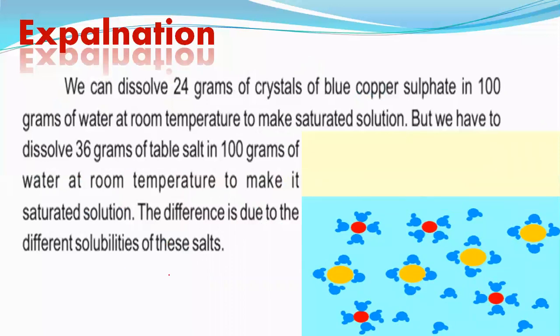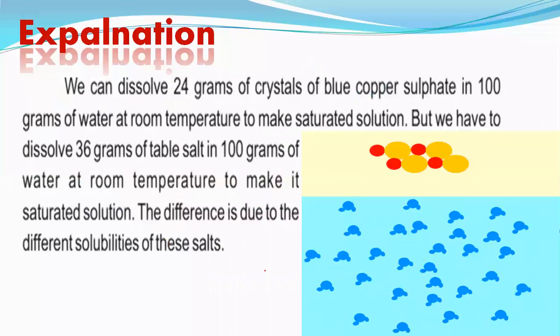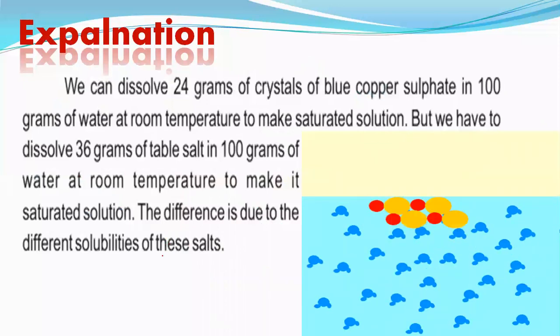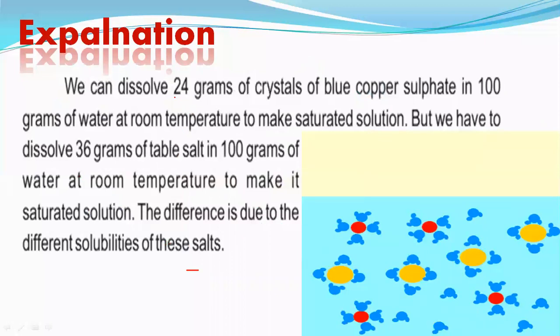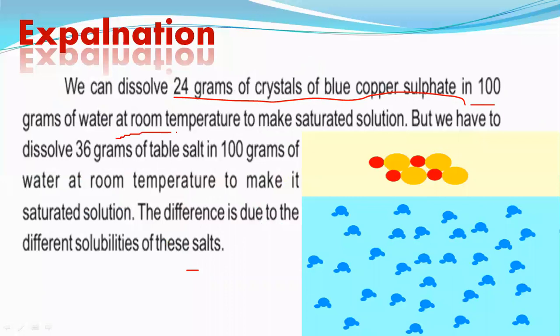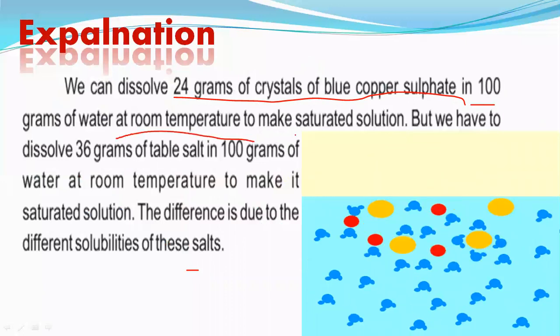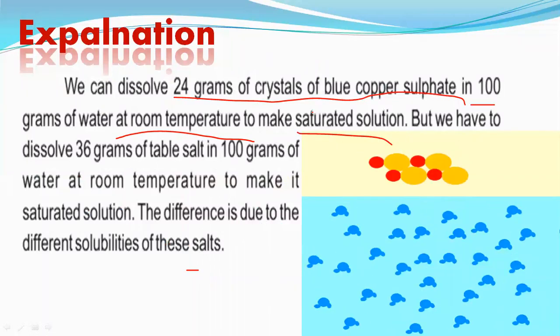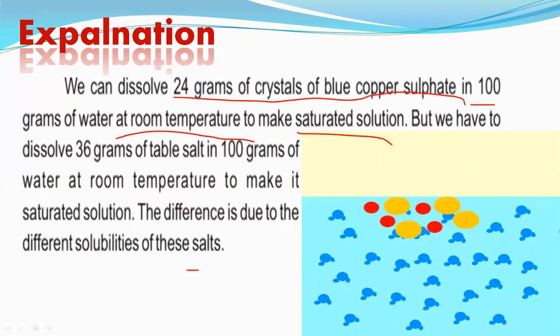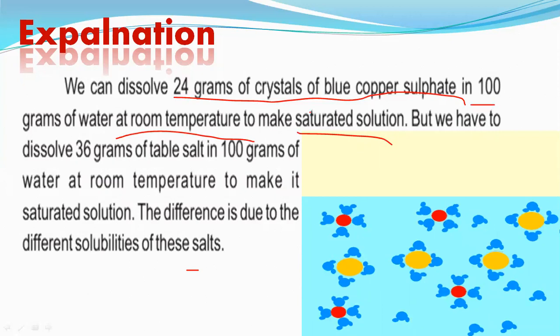So if we explain it, you can see there are examples and the differences between two substances. 24 grams of crystals of blue copper sulfate in 100 grams of water is dissolved at room temperature to make the saturated solution. We have seen before saturated solution? Yes.